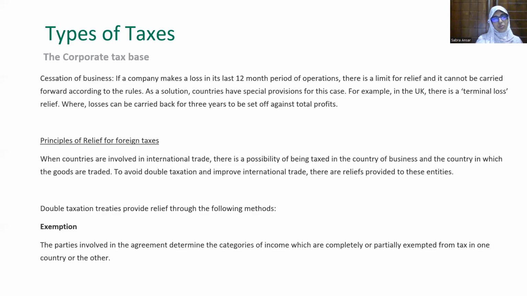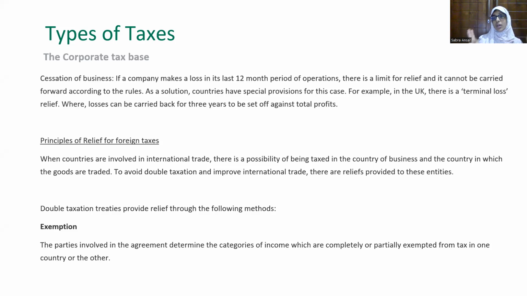What is exemption? When there are two parties involved in an agreement which determines the category of income which is partially exempted from tax in one country or the other, that is called exemption.